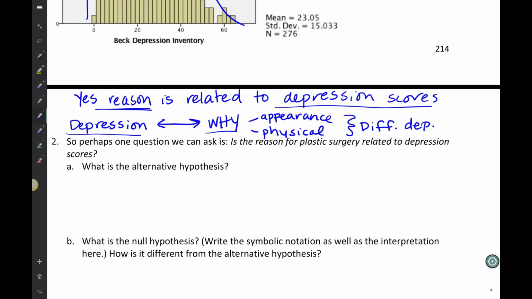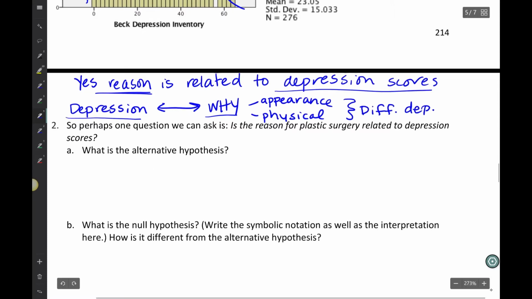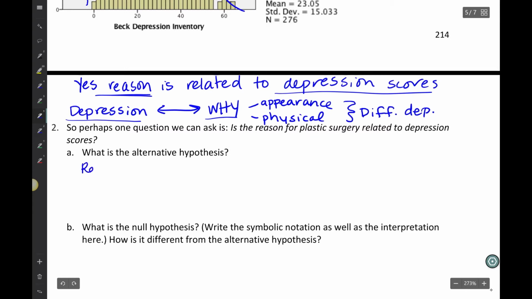Okay. So in this case, our alternative hypothesis is going to be that reason for plastic surgery or for cosmetic surgery is related to depression scores.